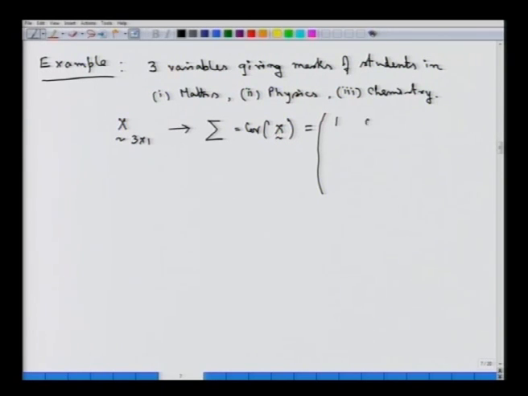This is 1, 0.83, 0.78, 1, 0.67, 1. We just need to write the upper triangular part because this is a symmetric matrix. So, as I said, these are three standardized variables, and hence the covariance matrix we are looking at here is the correlation matrix of the three random variables x1, x2, x3.